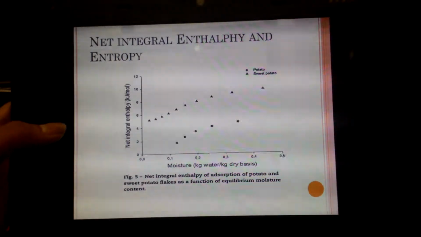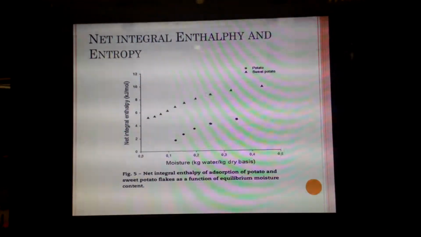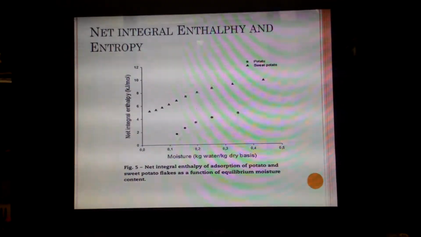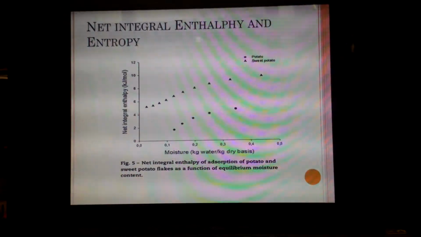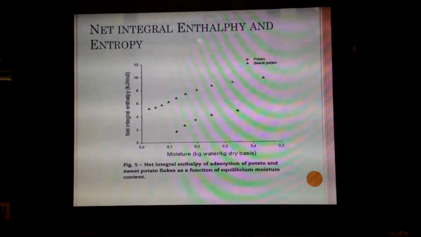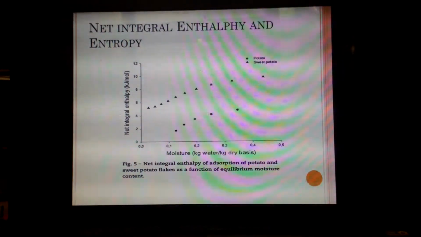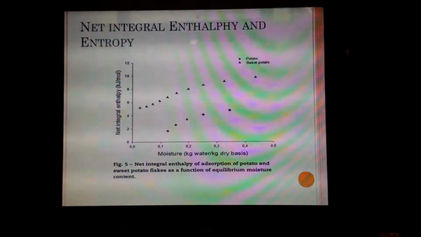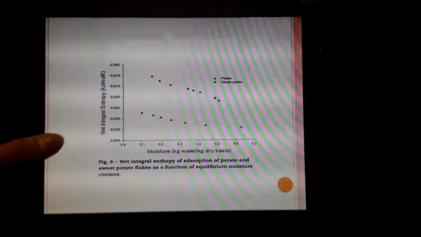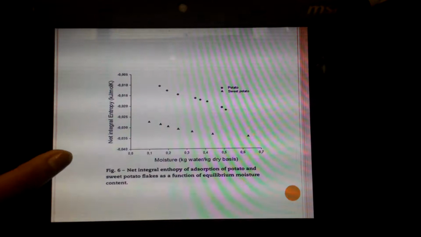It can also be seen that the sweet potato flakes showed higher values for enthalpy than the potato flakes, indicating that this product had more highly polar primary adsorption sites on the surface of the material. So this one is the graph of the net integral entropy.